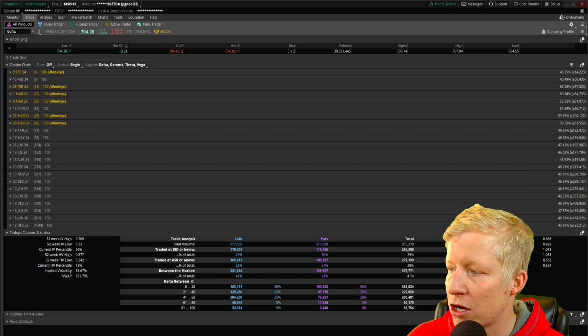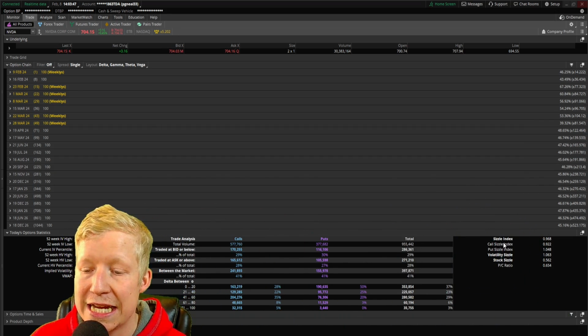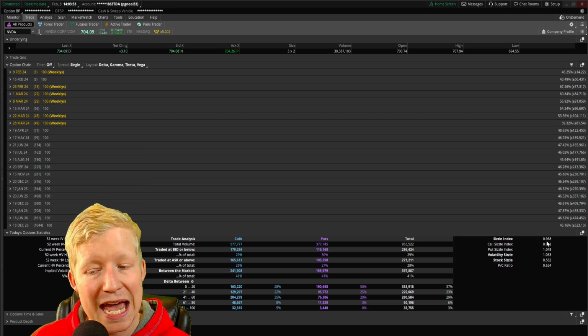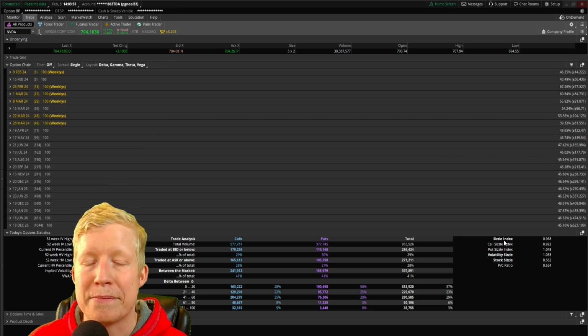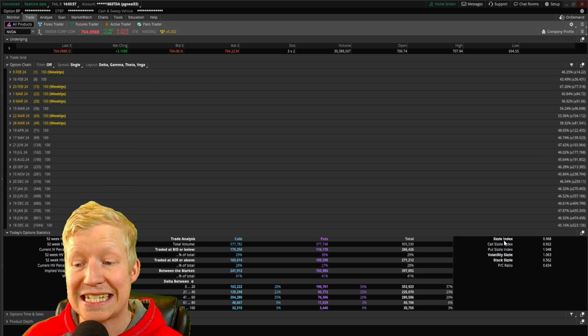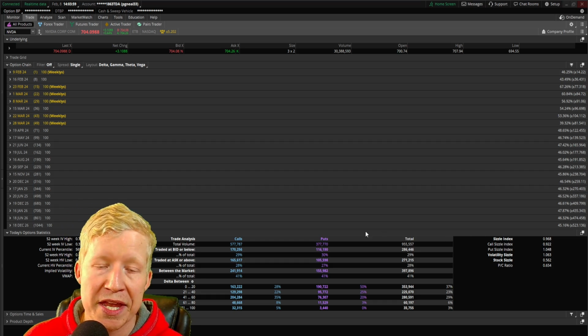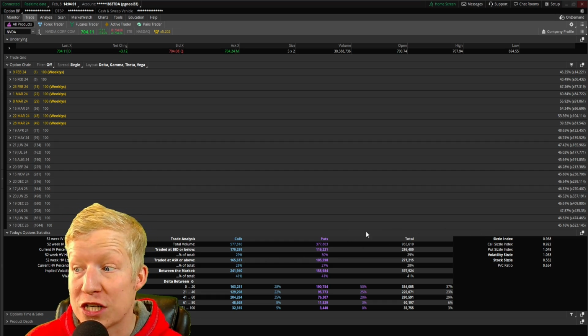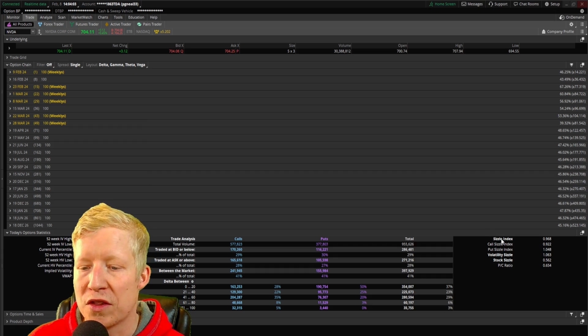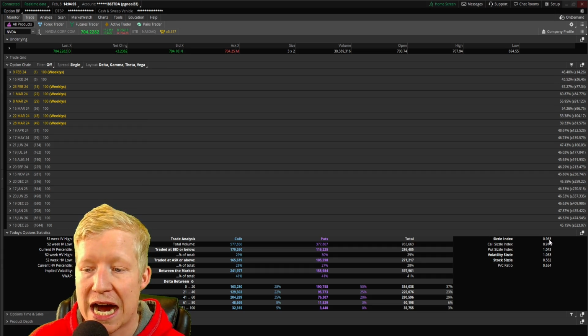And then this stuff over here on the right, which I understand you can't see, I believe this is a Thinkorswim specific thing. Someone let me know if I'm wrong on this, but this is the Sizzle index, and 100% clarity, I'm not 100% sure what this is. It's something to do with like today's volume versus average volume. So today's Sizzle index is 0.96.